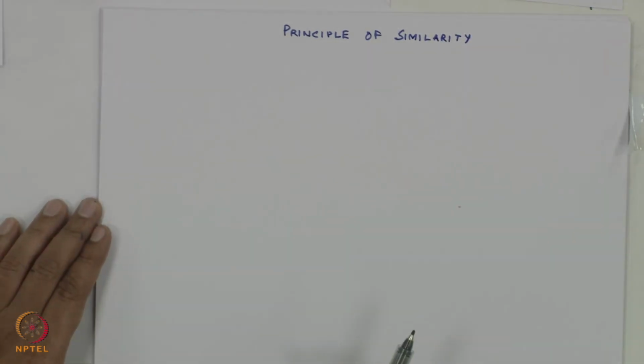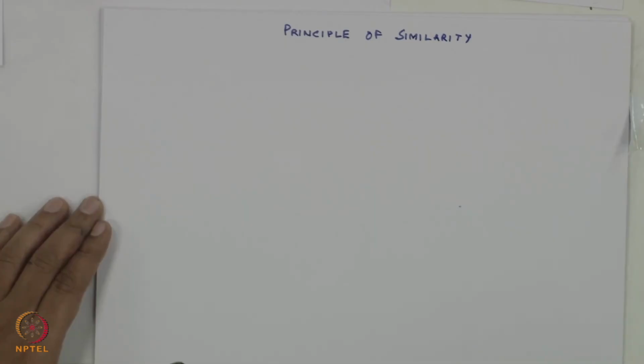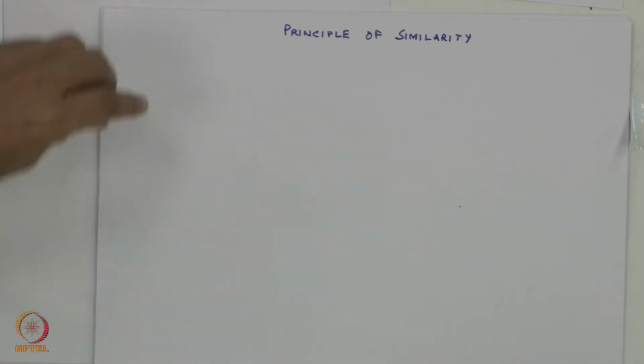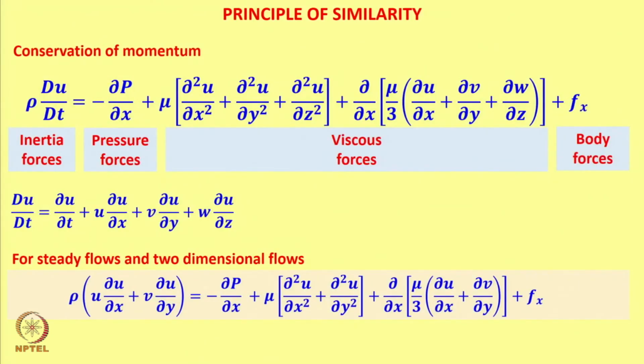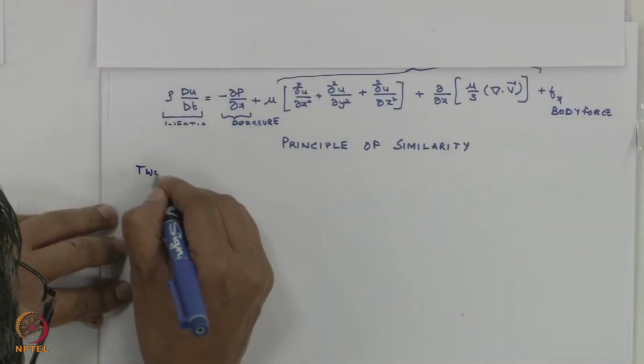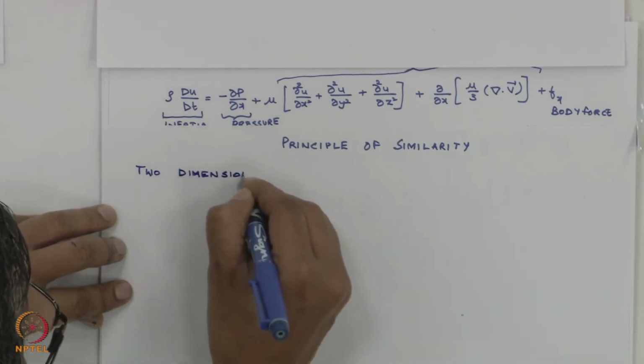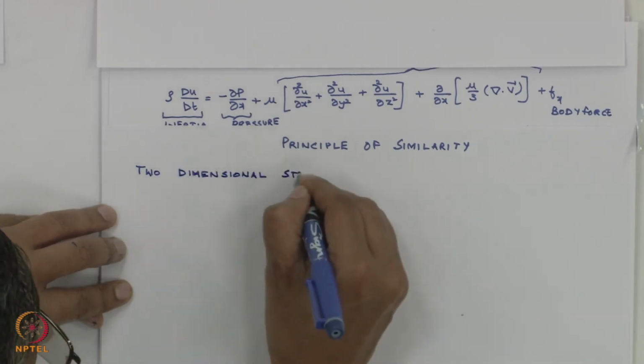In the principle of similarity, we shall write for steady and 2-dimensional flows. We write the x momentum equation for 2-dimensional steady flows.